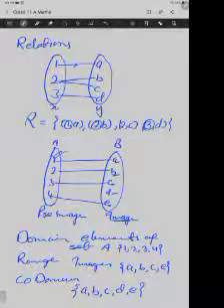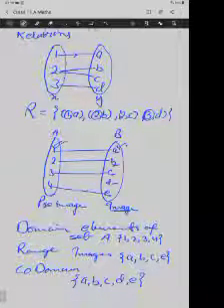Range can be said as output. Domains are the inputs and range is output. So this thing also we can keep in our mind.